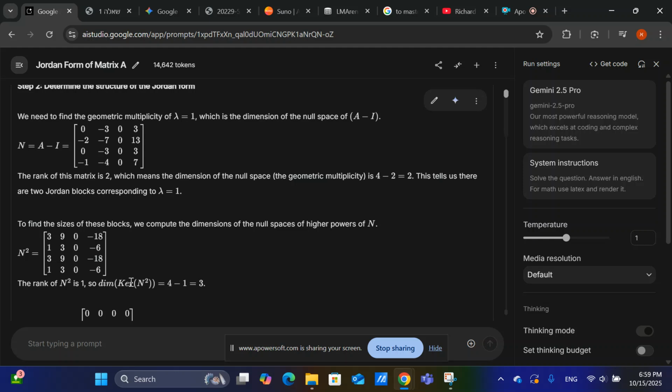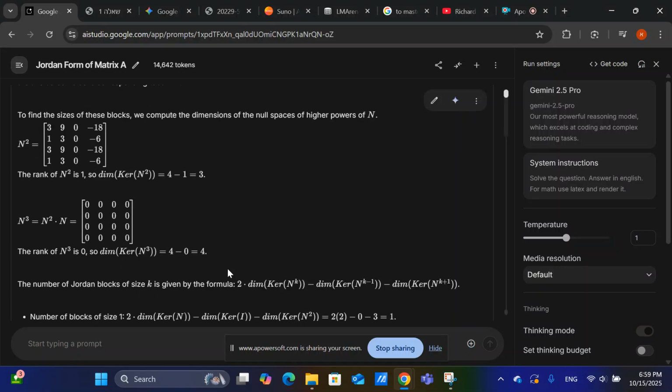Therefore, the dimension of the kernel of N squared is 3. Great. Now, if you go one step further and look at N cubed, you will get zeros. It means that the rank is, of course, 0, and therefore the dimension of the kernel of N cubed is just n minus the rank, which is 4.